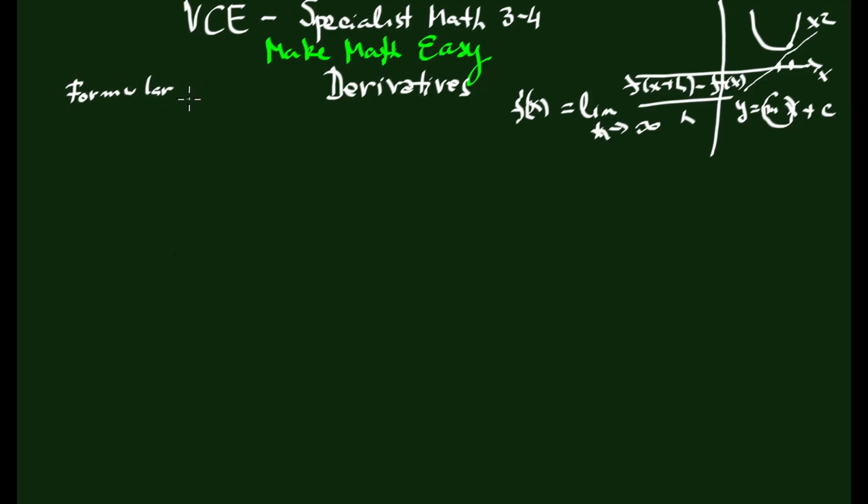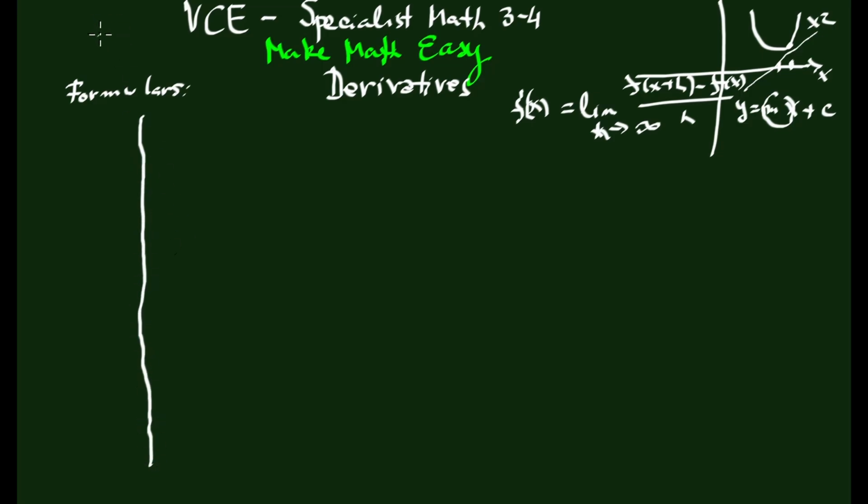Formulas are our tools, and apart from formulas we have the rules, and that's how to use the tools, and then we can build a house. Meaning we can solve our questions and examples.